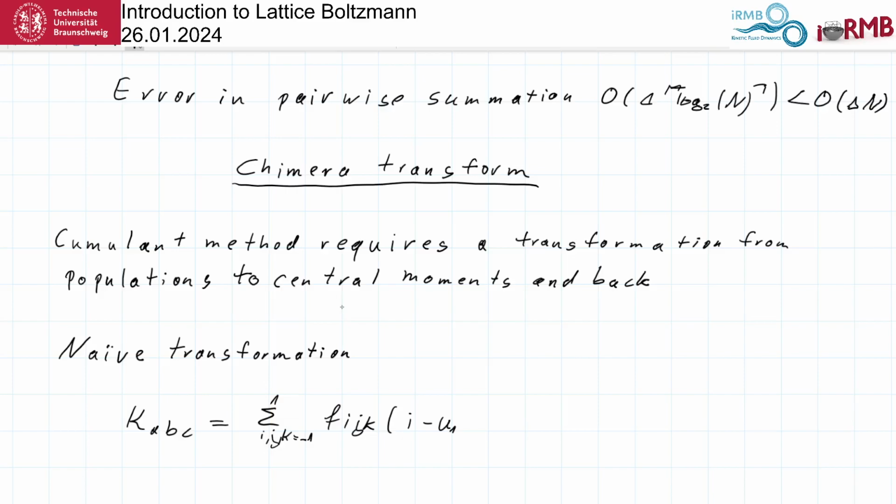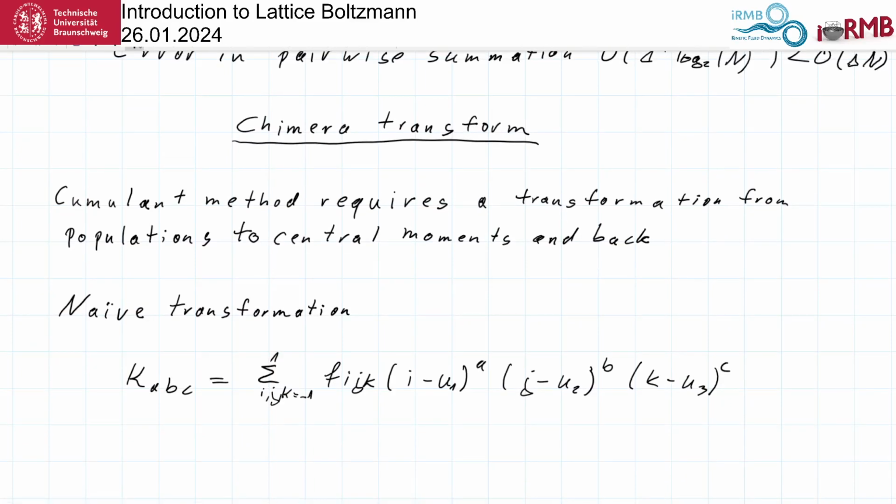Otherwise I would have to write divided by delta x, and so, okay, you know what I mean. Times (j minus u2) to the power of b, and (k minus u3) to the power of c.